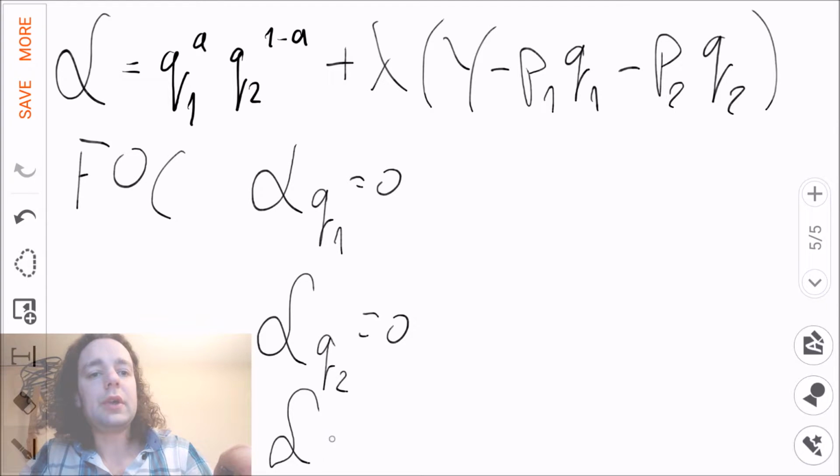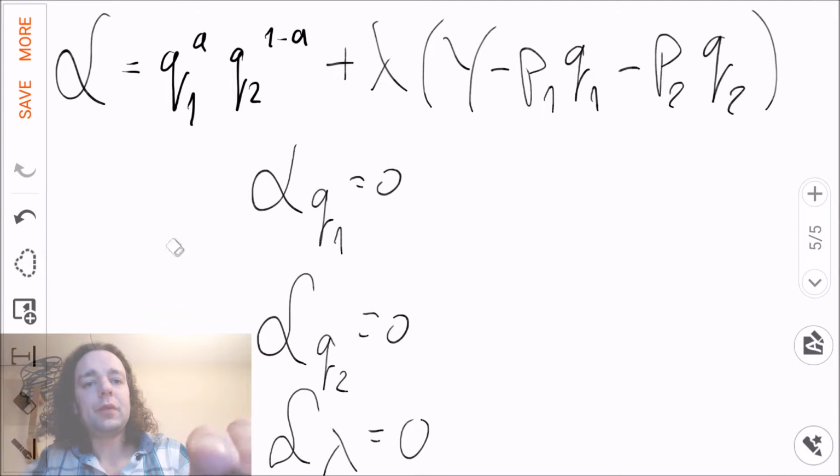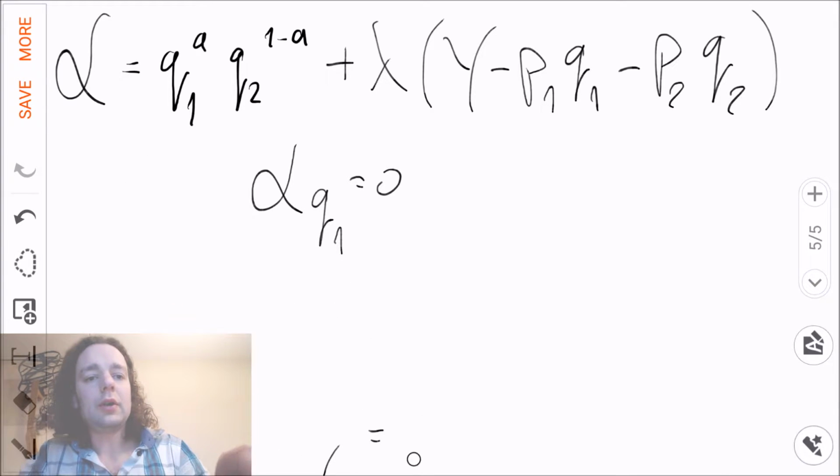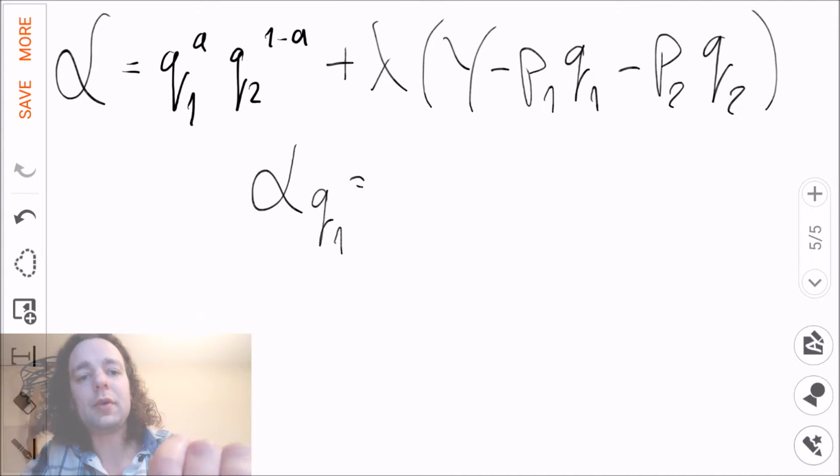And we get the third one, oh, that's no q, that's the lambda, of course, with respect to lambda also has to be equal to 0, because we need some room for our derivatives. We're going to look first only at step 1, at the q1.